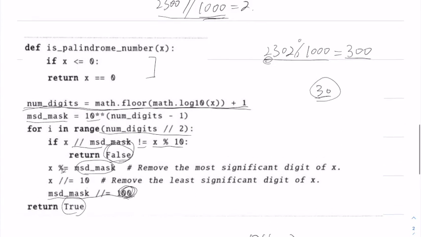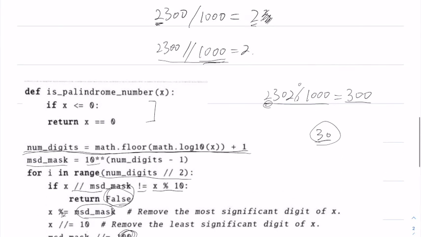Okay, so just to reiterate, we are first extracting out the first and the last bit, and then we're comparing them. This is what we do here with these lines of code. And then we're going to get rid of the most significant bit and the least significant bit, these two operations here. And then we're going to modify the mask and iterate over the loop again.